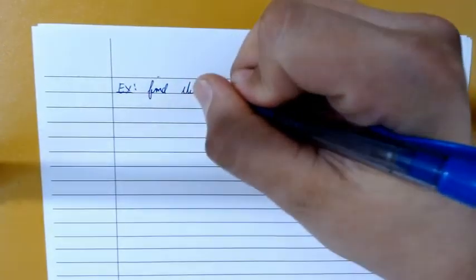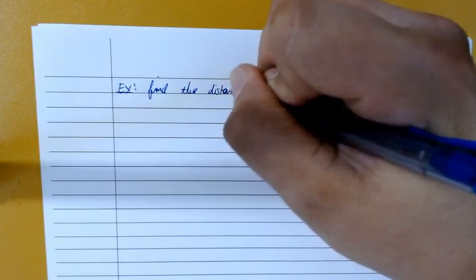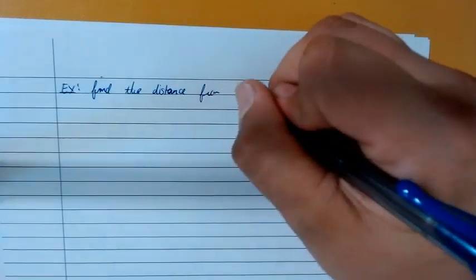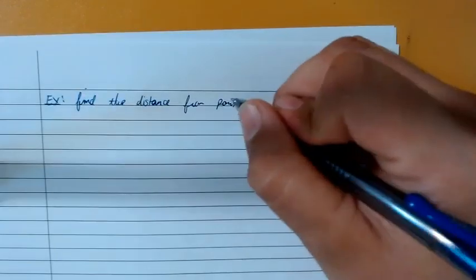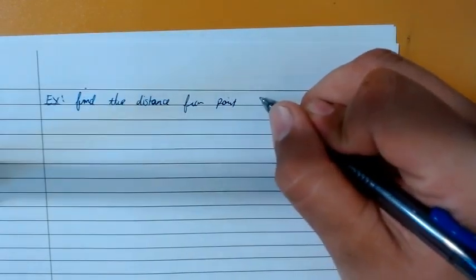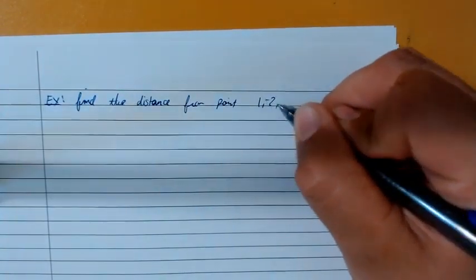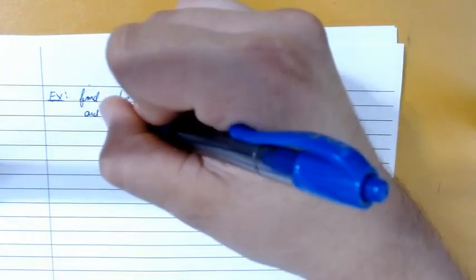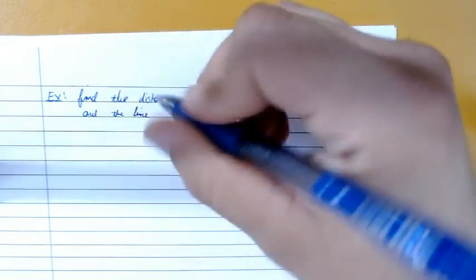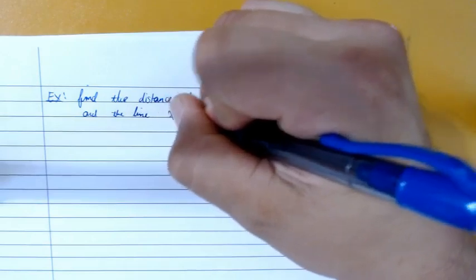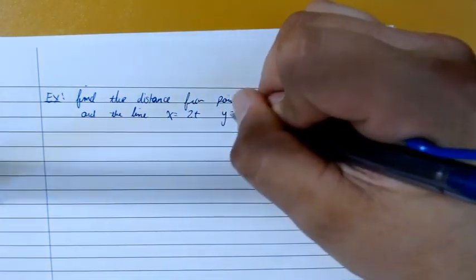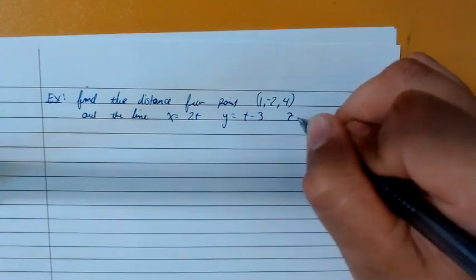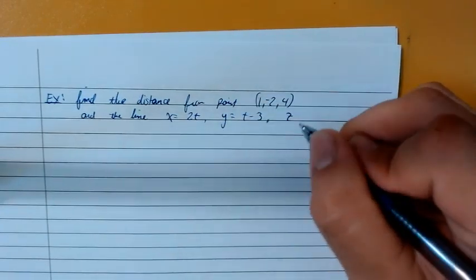Find the distance from the point 1, negative 2, 4, and the line given by this set of parametric equations, x equals 2t, y equals t minus 3, and z equals 2t plus 2.